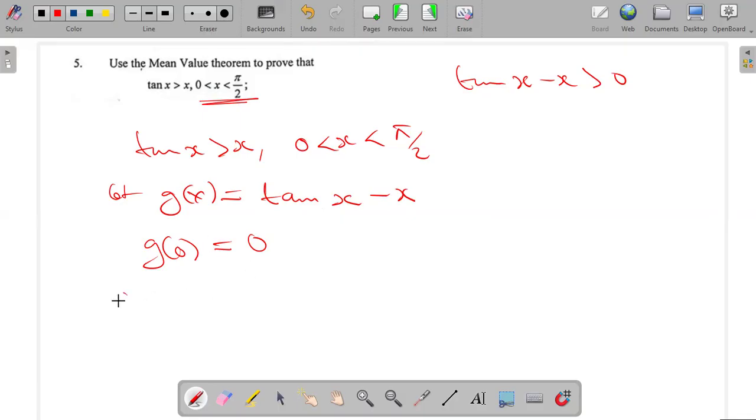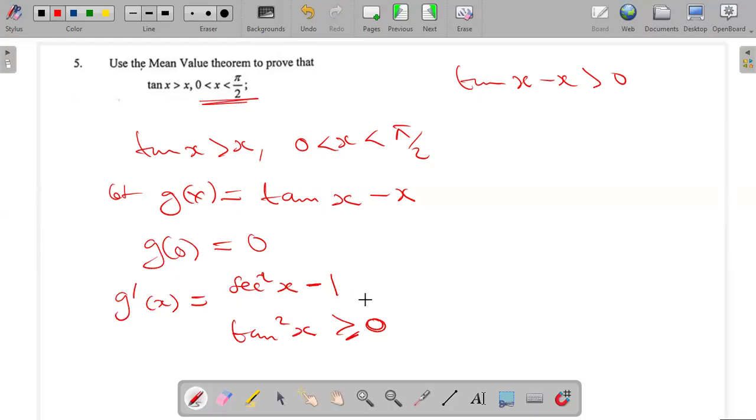Okay, then I get the prime part, the g prime of c. If I differentiate tan x, that's sec squared x, and the derivative of x gives 1. So this is just an identity, the same as tan squared x, which is greater than or equal to 0.